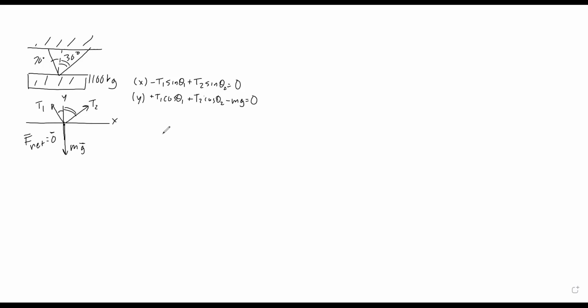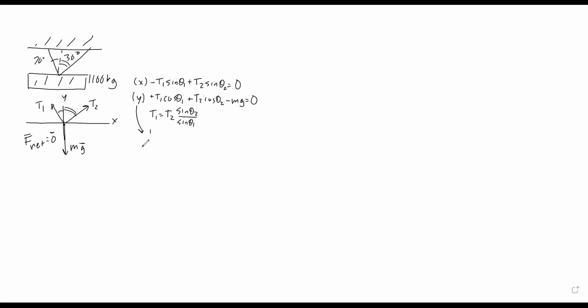Let's say that if we solve for T1, T1 equals T2 times the ratio, sine of theta 2 divided by sine of theta 1. And so I can plug that into here, and so we'll get an expression. So y becomes just an expression of T2 by itself.